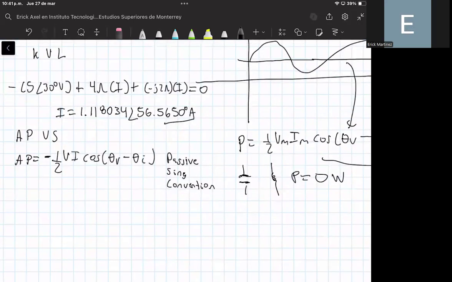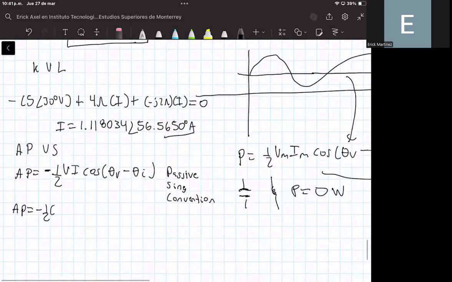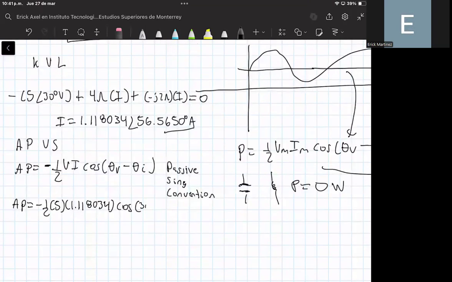So the average power of this voltage source is 1 over 2 times the amplitude of the voltage, that in this case is 5, times the amplitude of the current, that is 1.118034, times the cosine of the phase angle of the voltage, that in this case is 30 degrees, minus the phase angle of the current, that is 56.5650 degrees, and these are watts.